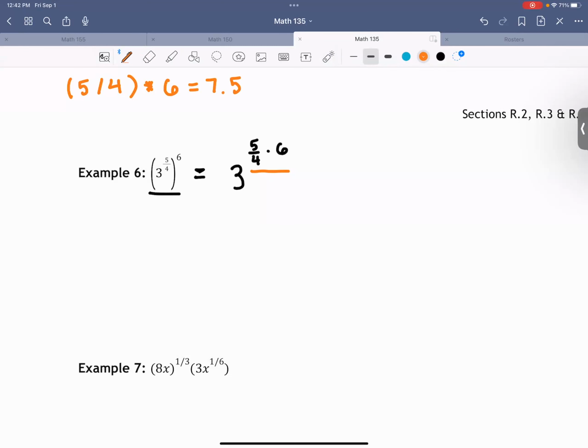Using your calculator, it's like, well, that's not very helpful because I don't want to put 7.5 in the exponent, right? Here's a little trick you can use on your graphing calculator. Do you see a button that says MATH in all caps? Press that. Once you press it, you're going to see a little button that says arrow Frac.